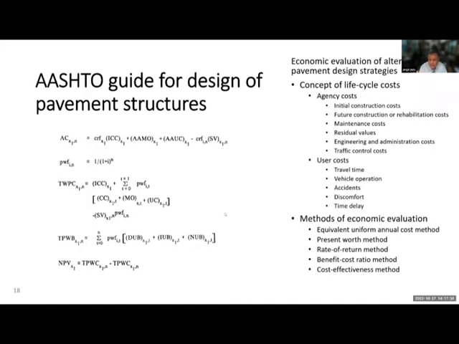So when we design a pavement, we must consider different alternatives, and they propose methods for the economic evaluation, and they include agency costs and user costs, and the analysis of all these costs can be used to define the best solution for pavement design.